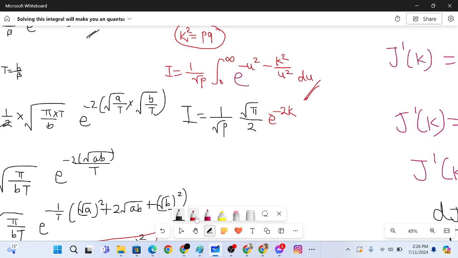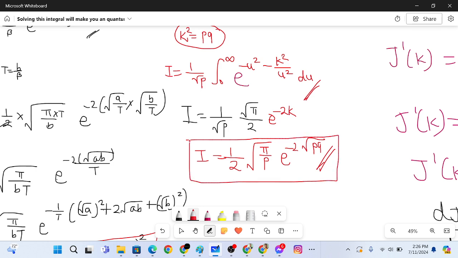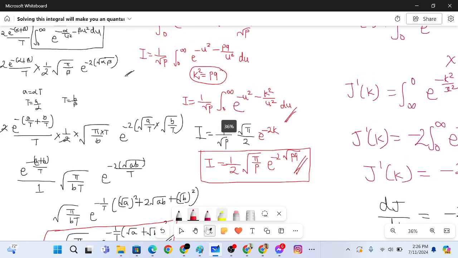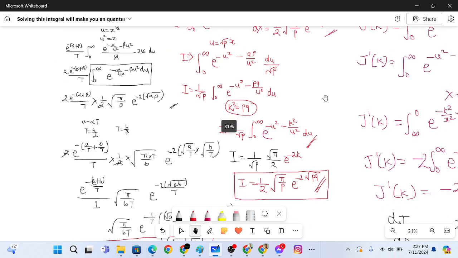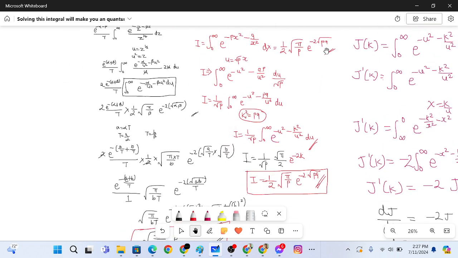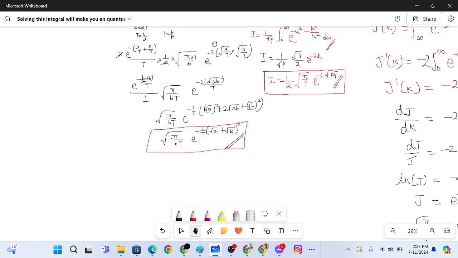So therefore we will have I equal to 1 by 2 times root pi by p e to the power minus 2 root pq. This is the solution. And I guess I had to prove this; I was planning to prove this, and I have proved this, so now I can use this result and solve this integral.